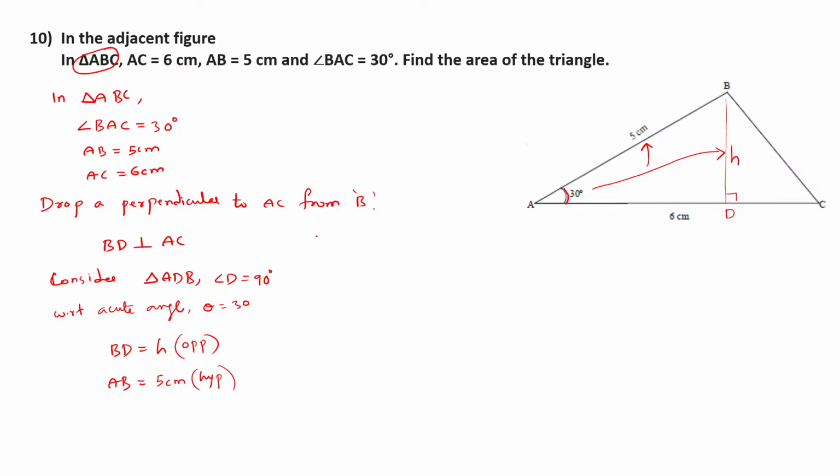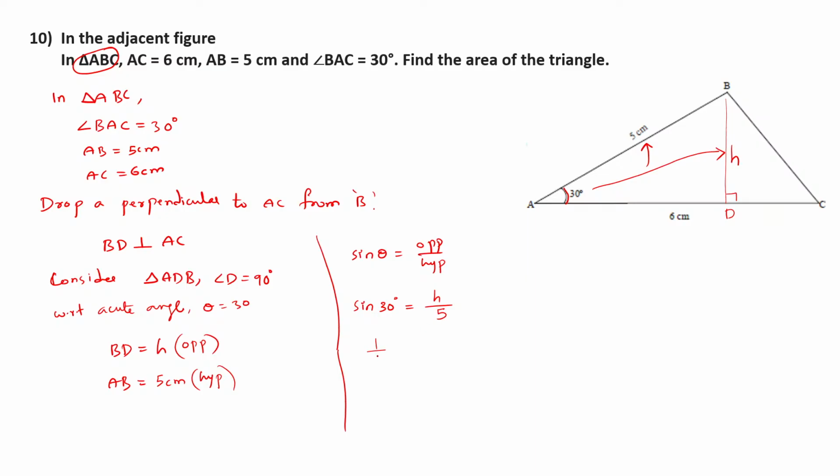So hypotenuse versus opposite side will be, as usual, sin theta equals opposite side by hypotenuse. Substituting the values, sin 30 degrees equals opposite side h by hypotenuse 5.